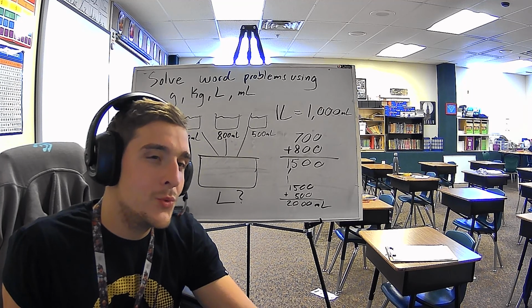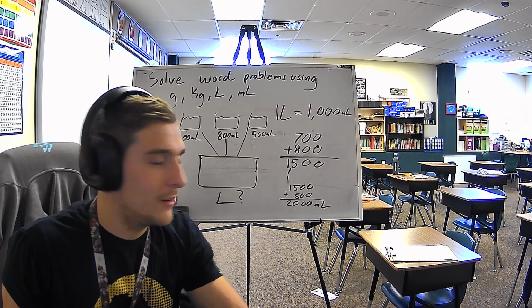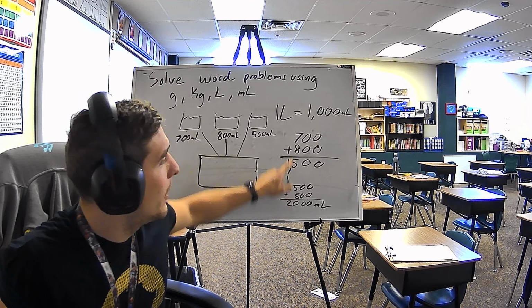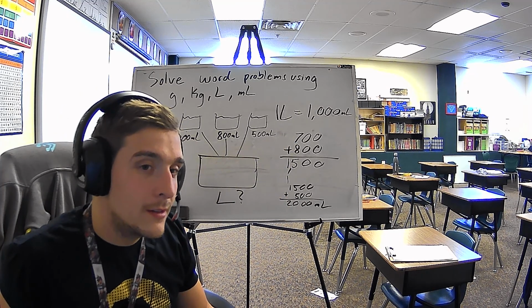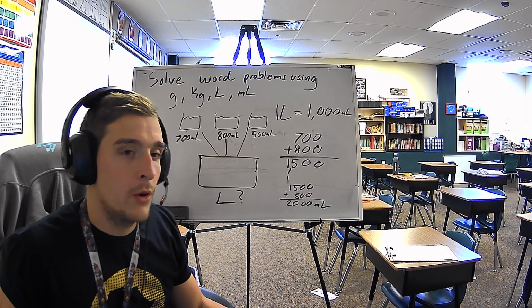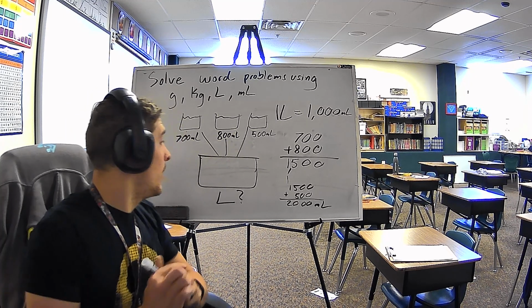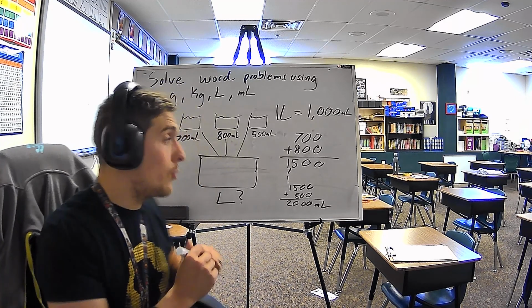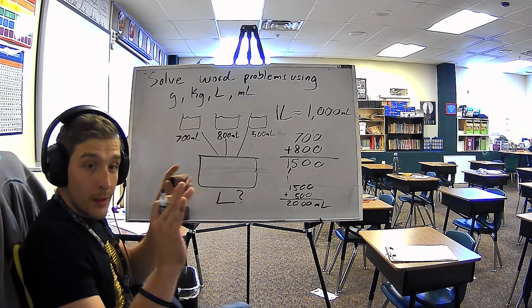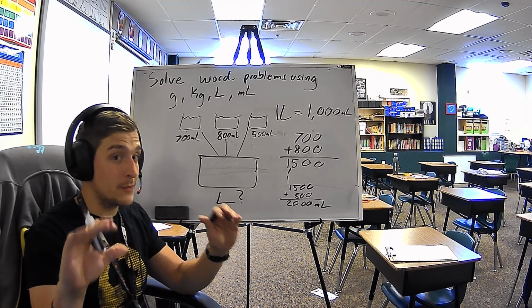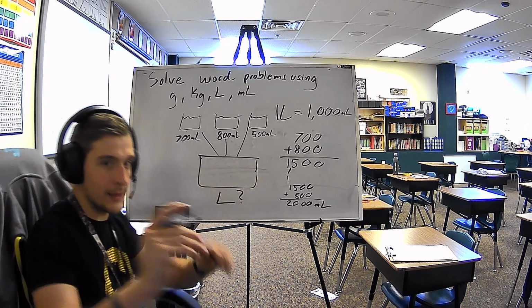But what happens when you put them together? You get 2,000. Now, how many milliliters are in 1 liter? 1,000. And this is going all the way back to what we were doing at the very beginning with division. Now, I'm going to show you this. This isn't necessarily how you have to do this, but this is how you can. Visualization.